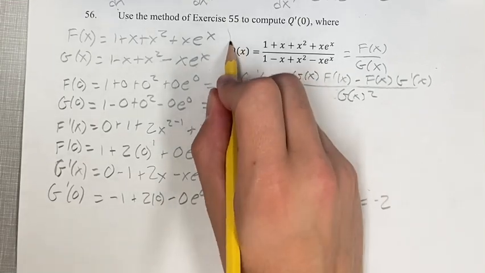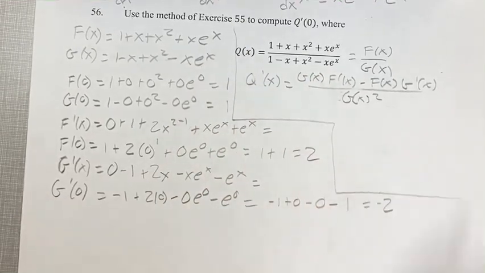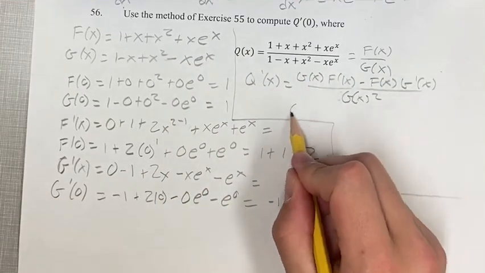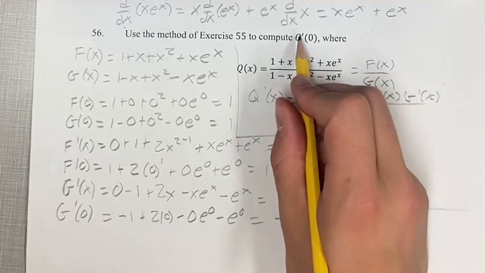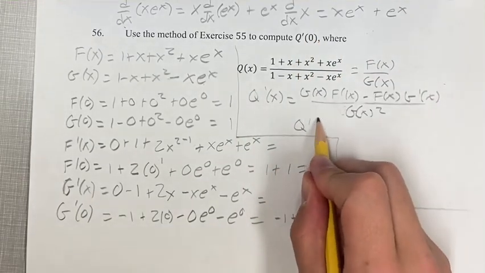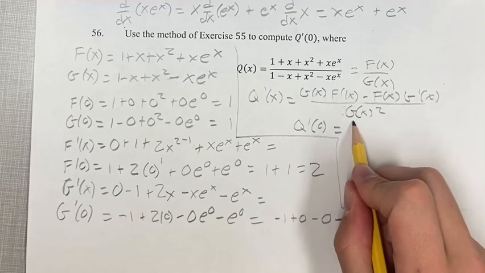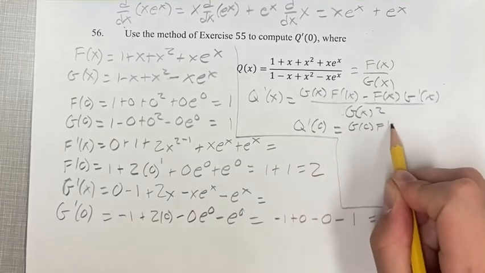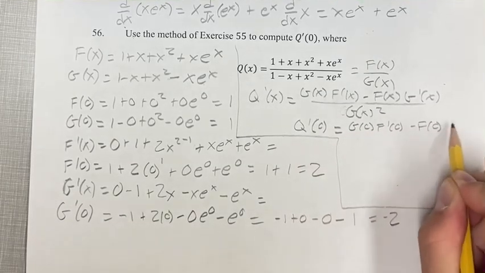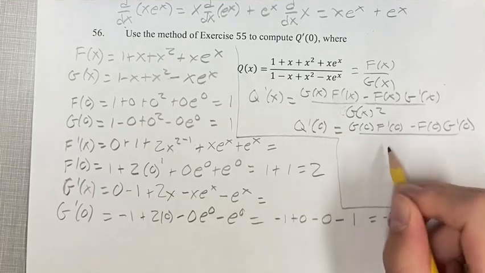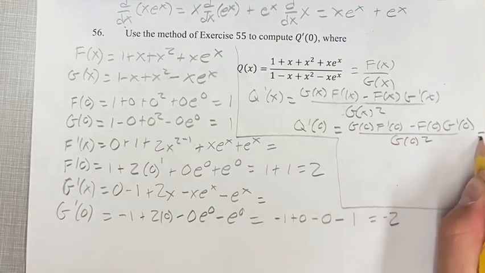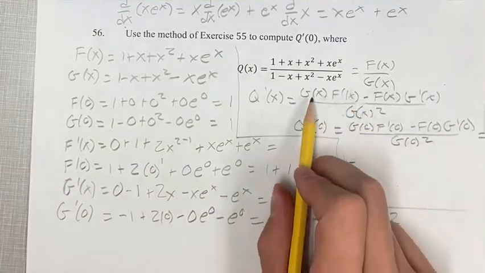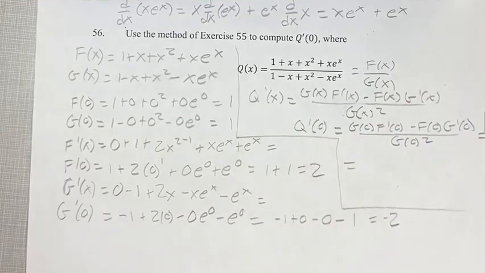So, making sure this is clearly marked, we are looking to find it when x is 0, so q prime of 0 is equal to g of 0 times f prime of 0 minus f of 0 times g prime of 0, over g of 0 squared. Just plugging in 0 from this equation and putting it into there.